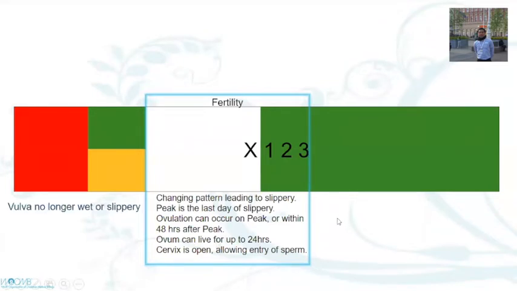Clear? Now, after the peak day, the vulva is no longer wet or slippery.